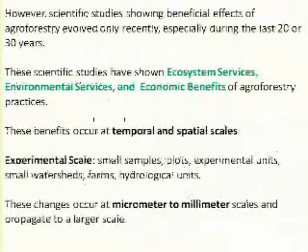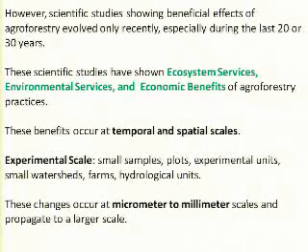However, scientific studies initiated during the last 20 or 30 years show all the beneficial effects of agroforestry. These can be mainly grouped into three categories: ecosystem services, environmental services, and economic benefits. Those occur at temporal and spatial scales. Some of the benefits occur initially, and some at a later stage in the management system.